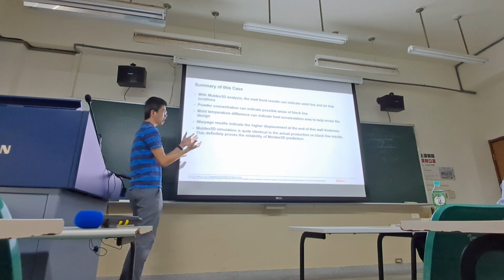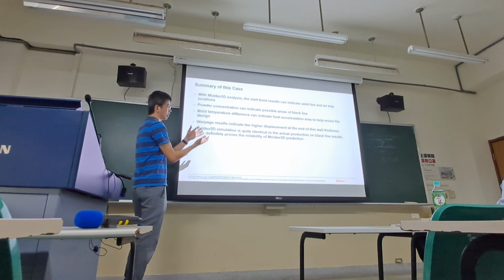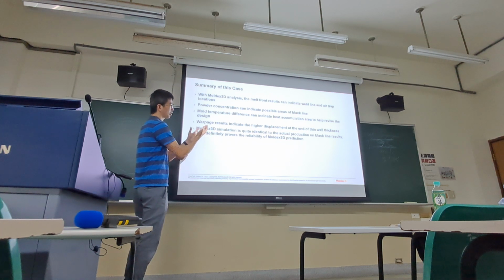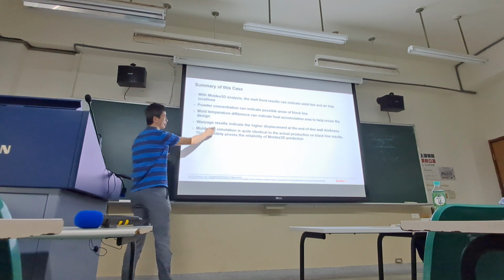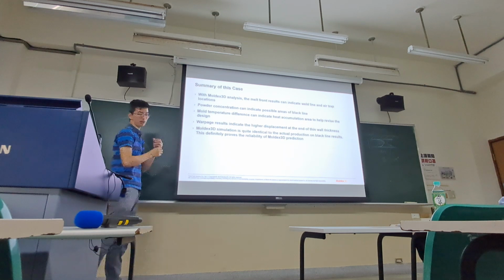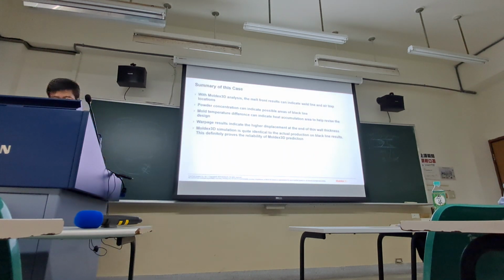For example, if you modify the melt temperature, like increase 5 degrees Celsius or reduce 5 degrees Celsius, maybe the warpage can reduce a little bit. And we also provide the actual production of the black line and warpage tendency. So this also proves the software so far has a good accuracy. Okay.